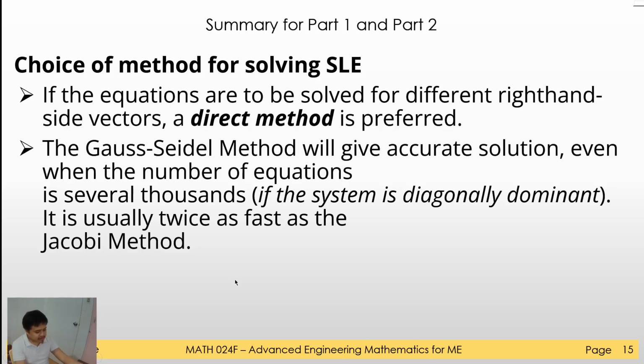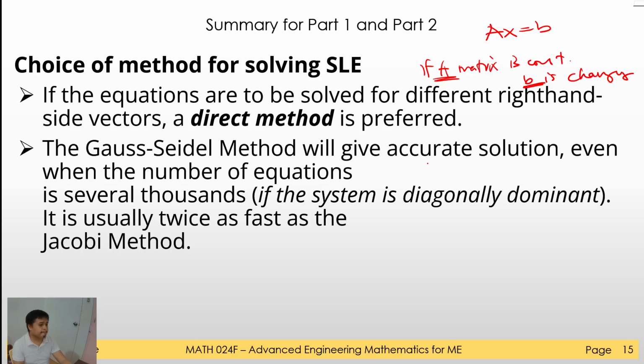so comparing this to the direct method, usually if the left hand side is constant, meaning if the A matrix is constant and only B is changing, so from your linear equation AX is equal to B, if only B is changing, A is constant here, then it is much more useful to use direct methods.